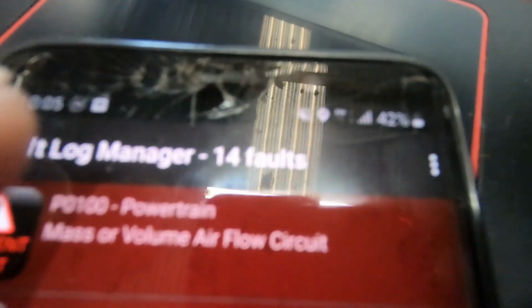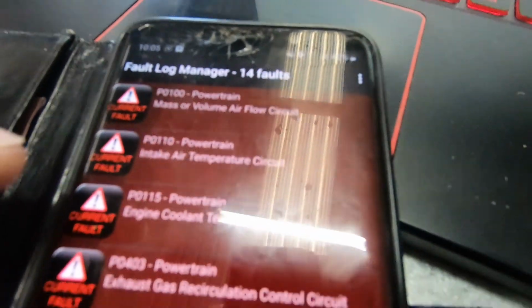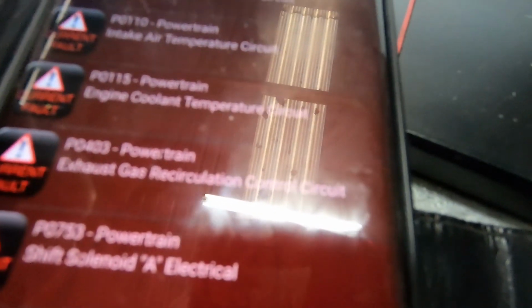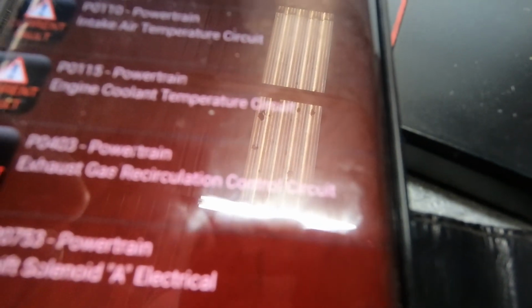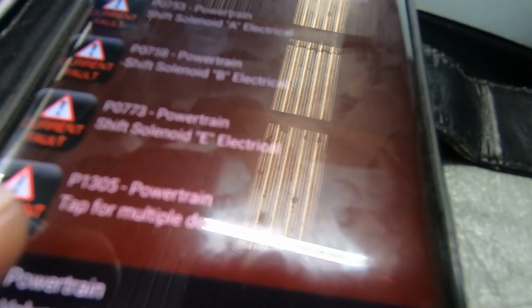In fact, 14 of them. 14 faults. Airflow meter. Air temp sensor. Will I unplug those? Coolant temp. Will I unplug that? Exhaust gas recirculation. Oh, I need to go through how to solve that for people as well. That's a different video. Solenoid A, B, and E. 1305. And that's the one we're talking about. 1305.